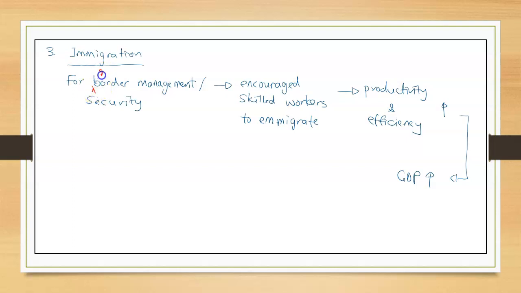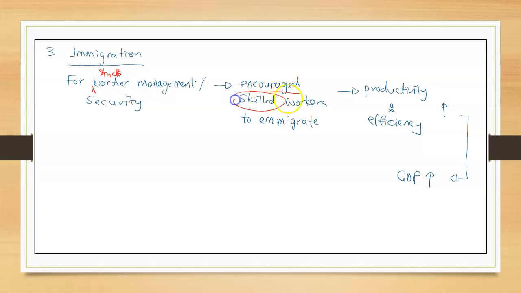Having a strict border management simply tells you it will increase the confidence level of foreigners, particularly, in this case, skilled workers. It will actually increase their confidence in going into Australia, so they would be encouraged to emigrate into Australia. Okay, come into Australia. And how would it benefit Australia?